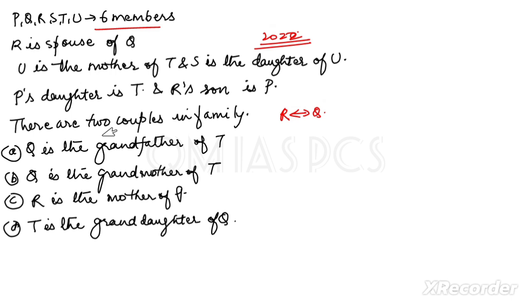Then the second thing is U is the mother of T. So U is the mother of T means this is minus. Then S is the daughter of U. So daughter of U means S is the sister of T. Sister of T means this is minus.